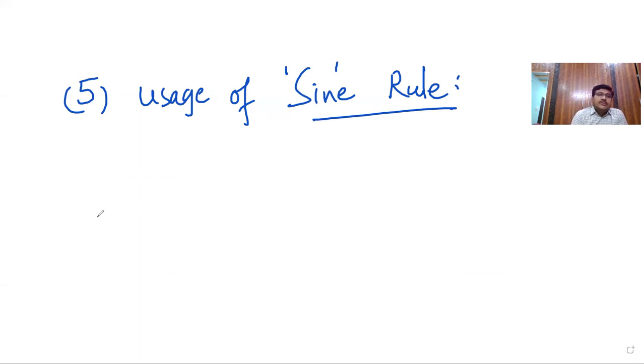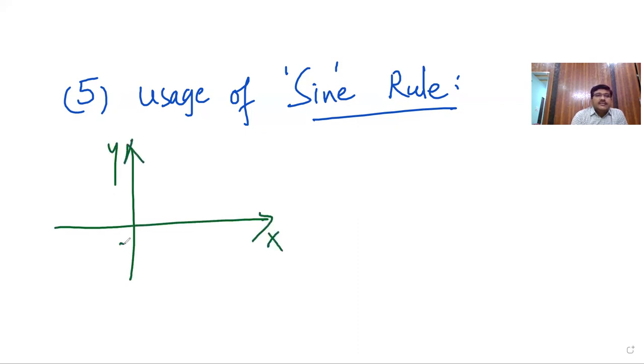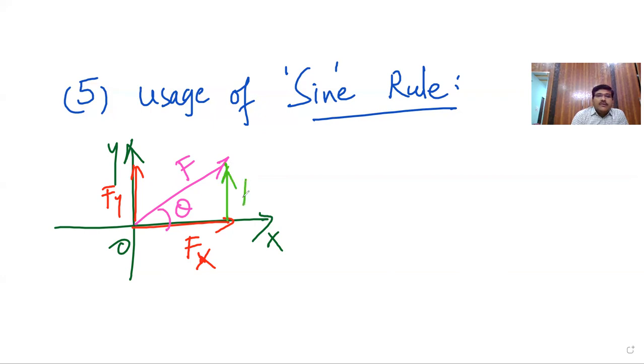Observe, suppose this is the x-axis, this is the y-axis. Let us say this is the Fx vector, and this is the Fy vector along the positive y-axis. The resultant is in between them, F. If the resultant is making theta angle with the positive x-axis, then I can construct a triangle here parallel to Fy.